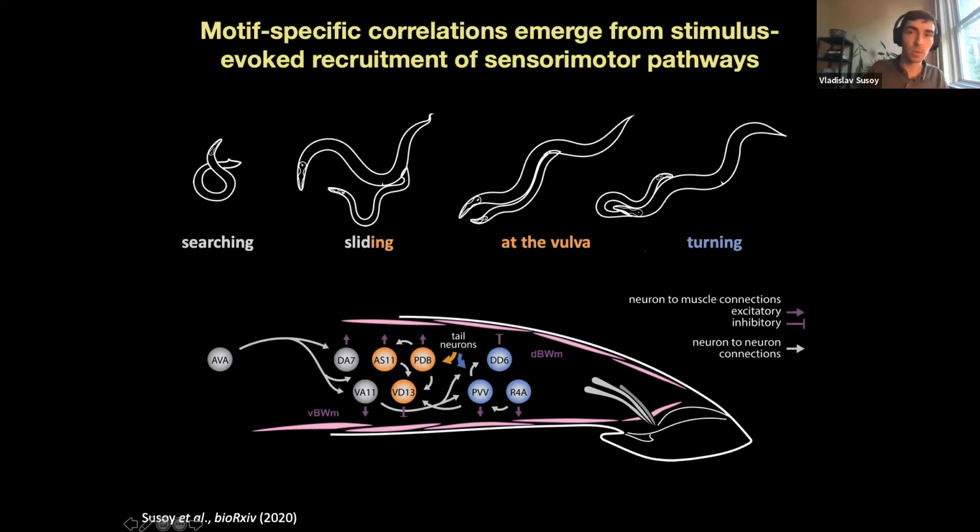I don't have time to go into detail, but in addition to just doing high-level analysis, we can identify the exact pathways and how they act during different behavioral motifs, during different behavioral modules, to control either the same motor neurons or the same behavior.